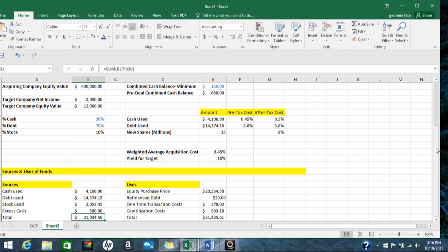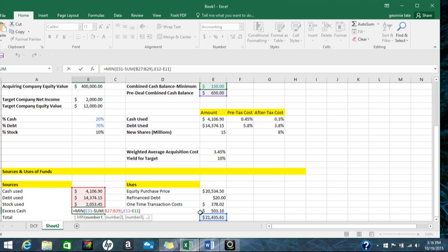And I have something wrong here because we are not balancing. Pre-deal balance. I know what it is. It's simply because I chose my own numbers here for a conceptual presentation, and it's throwing off my balance of sources and uses of funds.